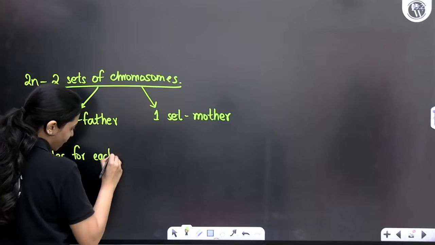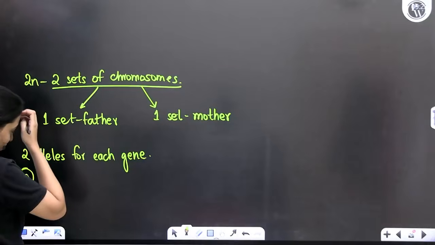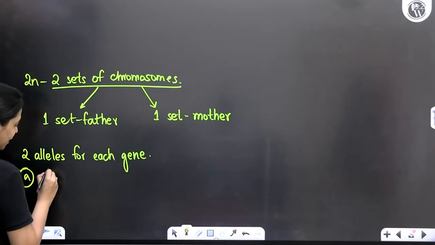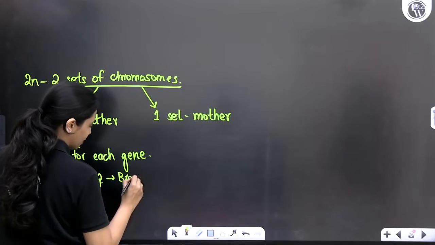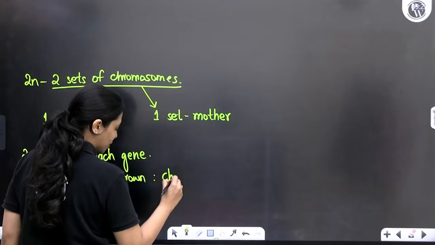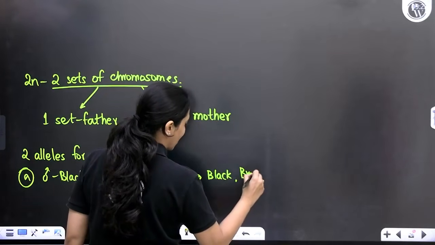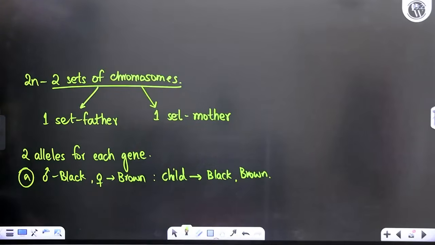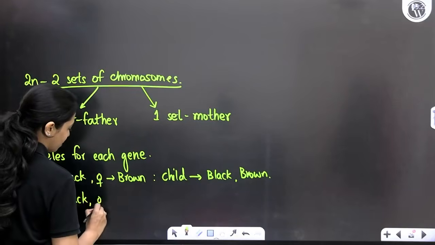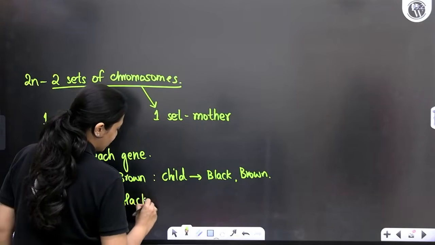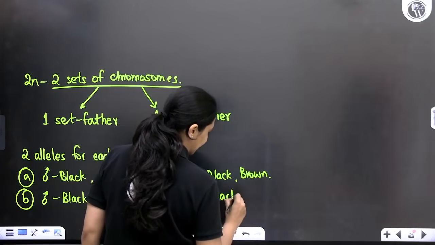Let's say case A, father has black hair, mother has brown hair. It's possible that the child will have one copy of black allele, one copy of brown allele for hair color. Let's say in another condition, like most of us, father also has black hair, mother also has black hair, then probably the child will have two copies of black allele for black color hair.